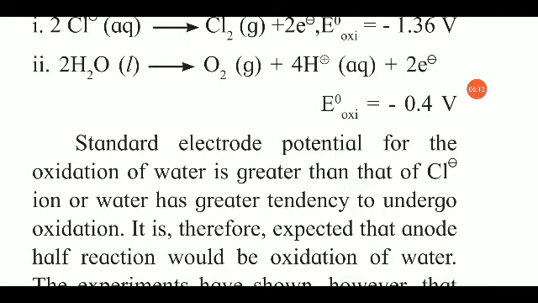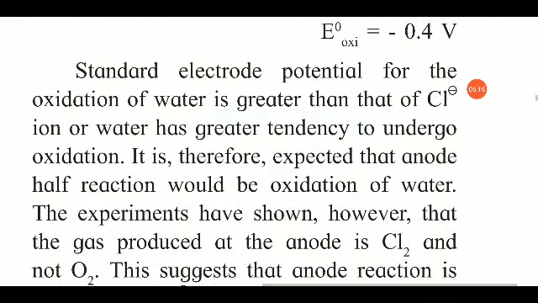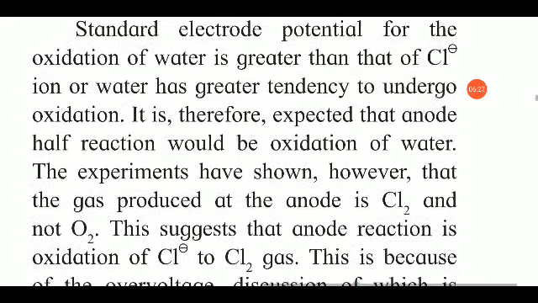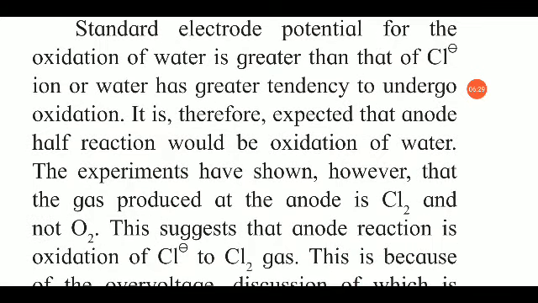It is therefore expected that the anode half reaction would be oxidation of water. The experiments have shown, however, that the gas produced at the anode is Cl2 gas and not O2 gas.